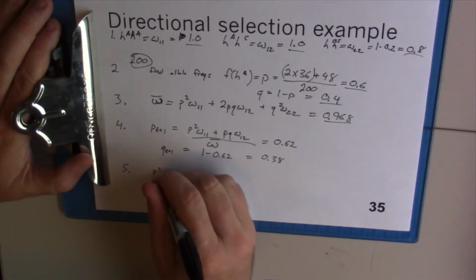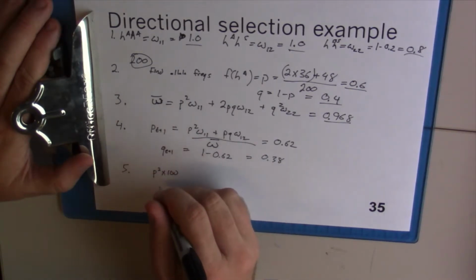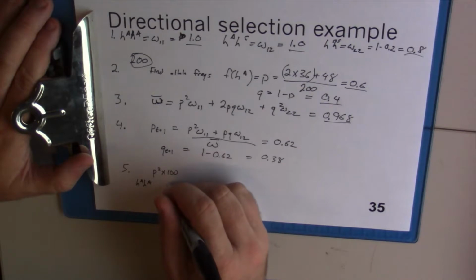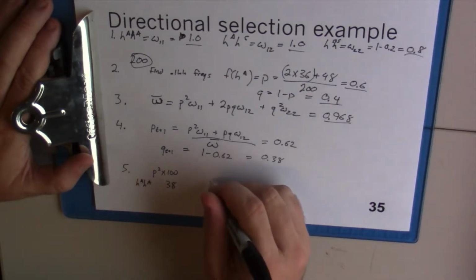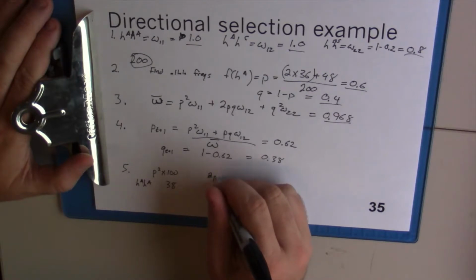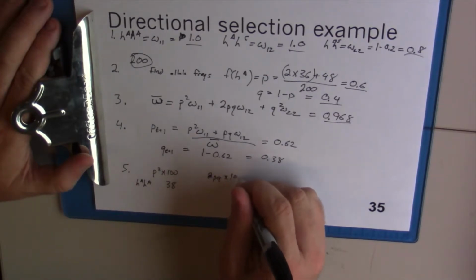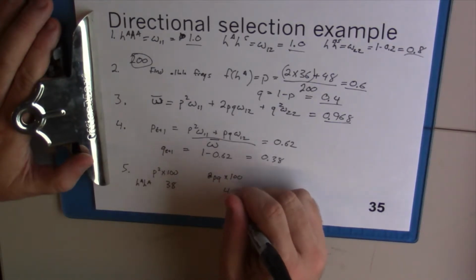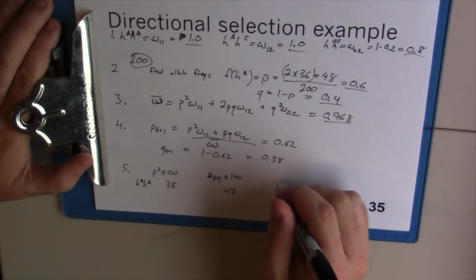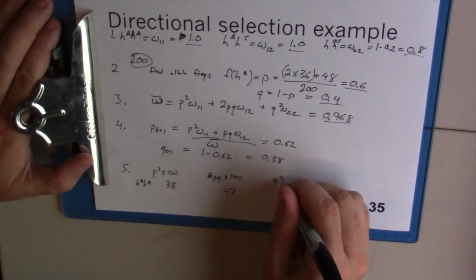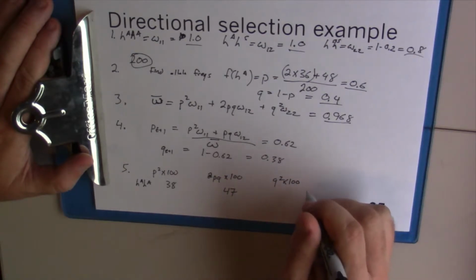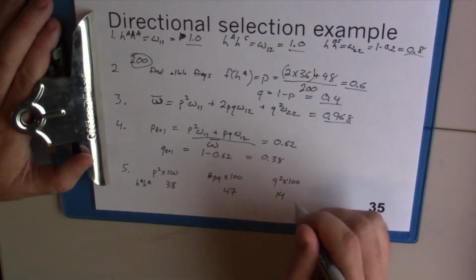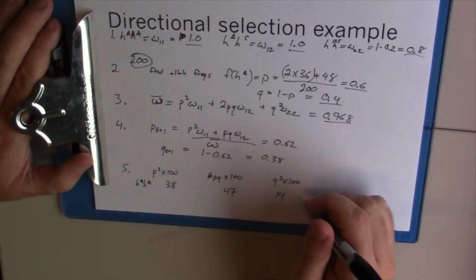That's just going to be p squared times 100 for HA, and that's going to be 38. 2pq times 100 is going to come out to 47 heterozygous individuals, and q squared times 100 is going to give us 14 individuals that still carry the disease allele.